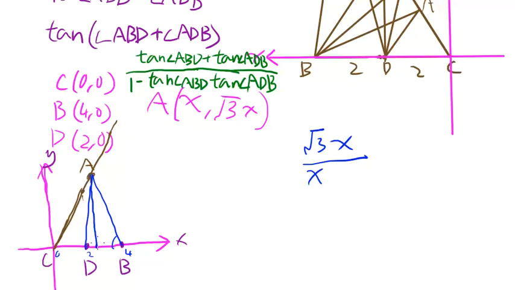So opposite is still going to be just 4 minus something. 4 minus x.